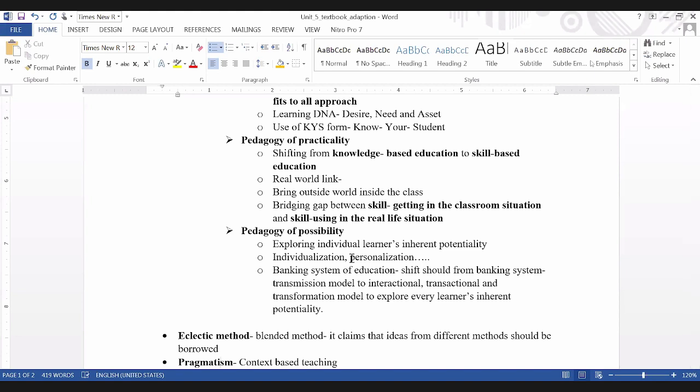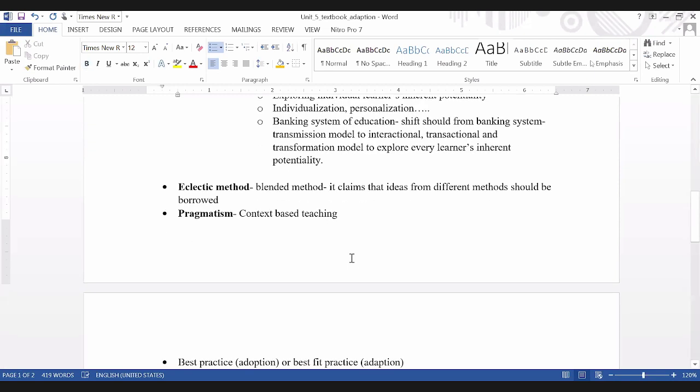Blended methods should be used, not a single method. So some flavor from GT method, like translation if necessary, situation demands. Then direct method, giving a lot of exposure in English by the use of action, demonstration, question answer, modeling.